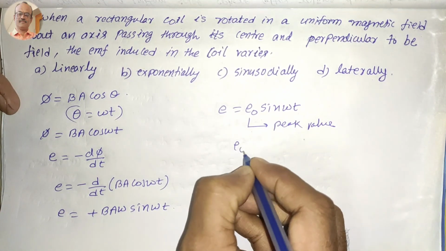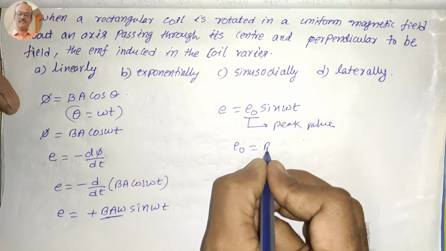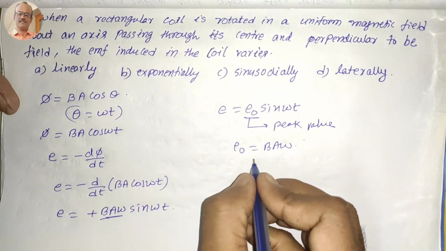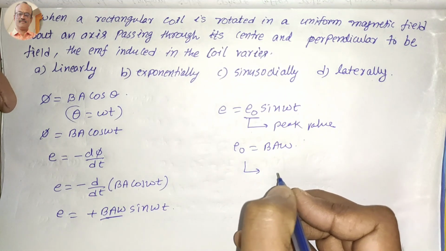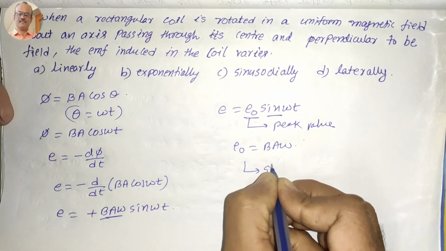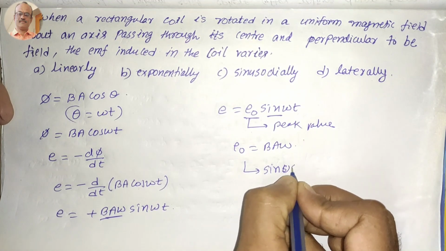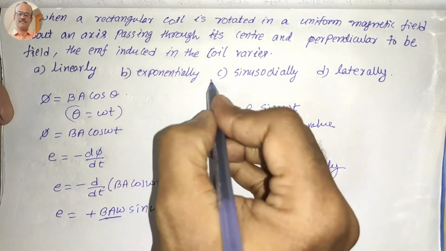So from this equation and this equation, E naught is equal to BA omega. So the EMF induced in the coil varies as sine, that's why sinusoidally. So option C is correct.